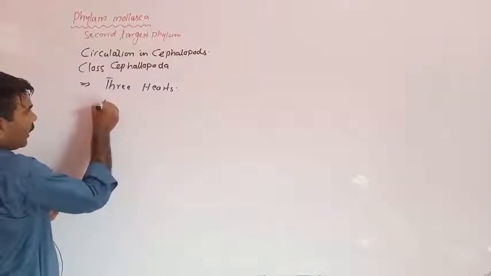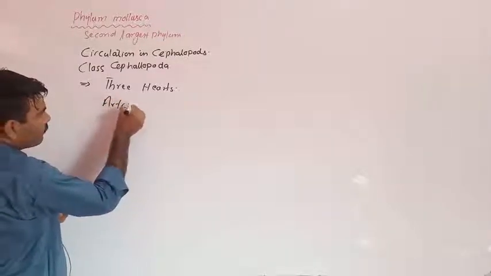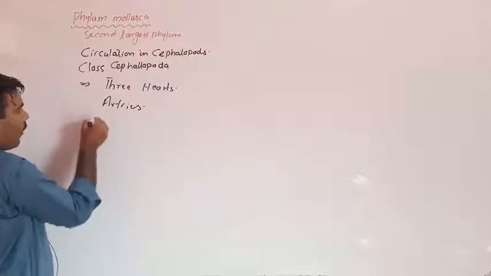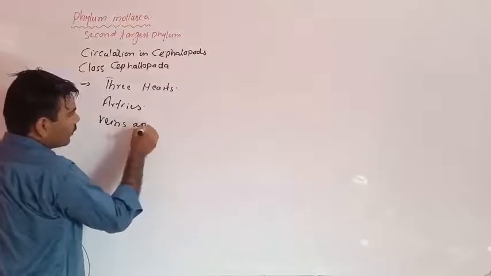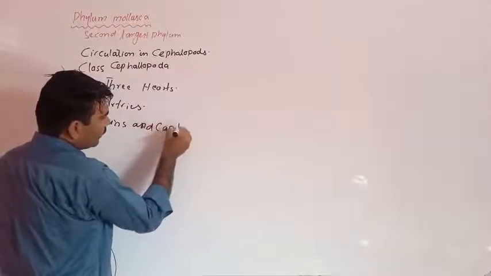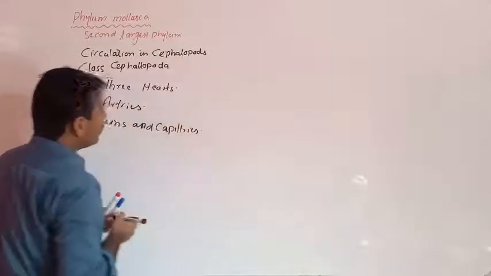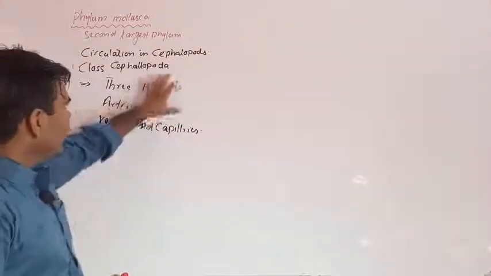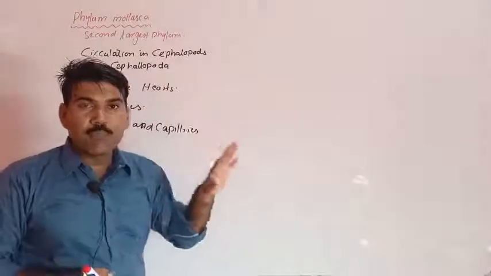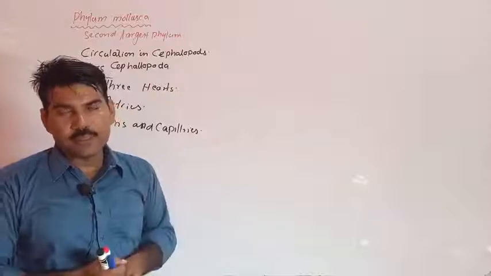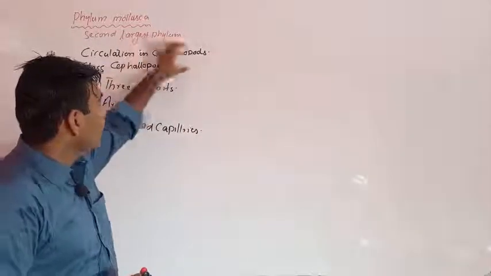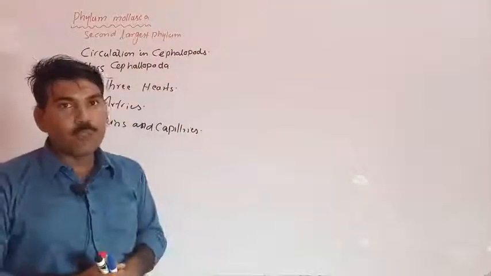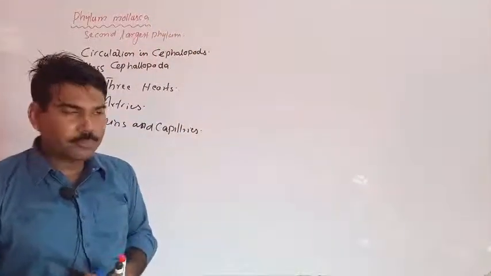They also contain arteries, veins, and capillaries. It means these are the characters of mammals as well as active animals. So due to having these characters, we can say these cephalopods have a more active lifestyle.